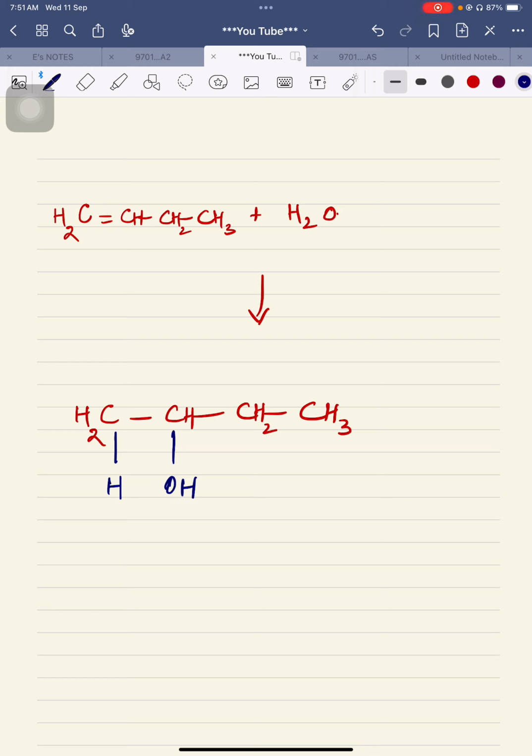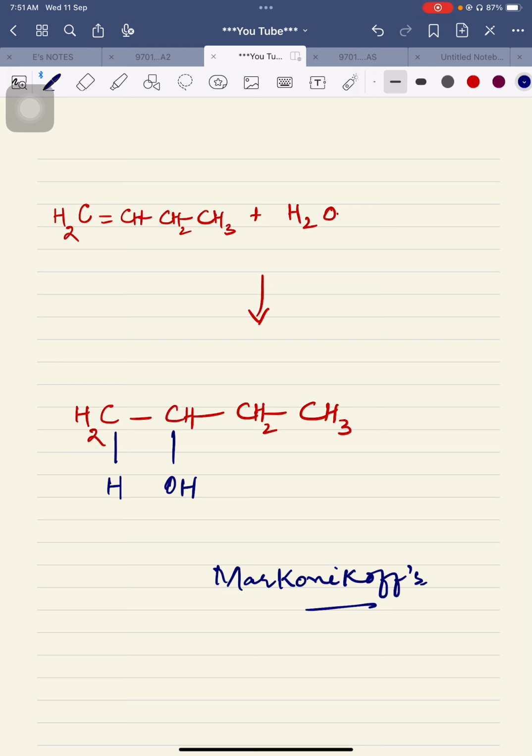For the addition to alkenes, you may say, all right, guys, there is one rule called Markovnikov's rule. I'm writing the name Markovnikov's rule.